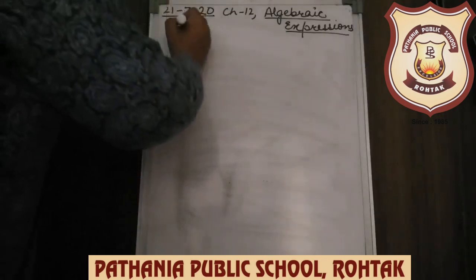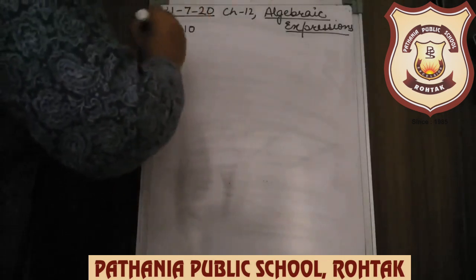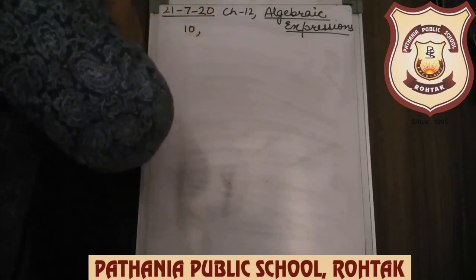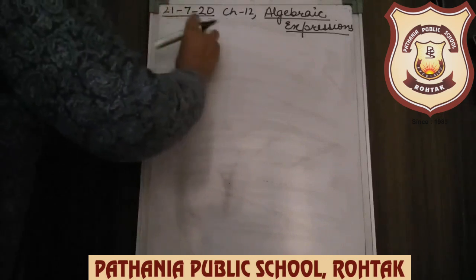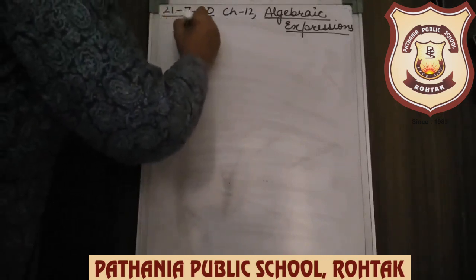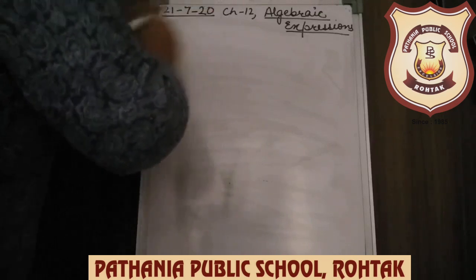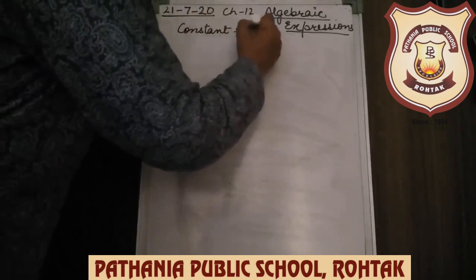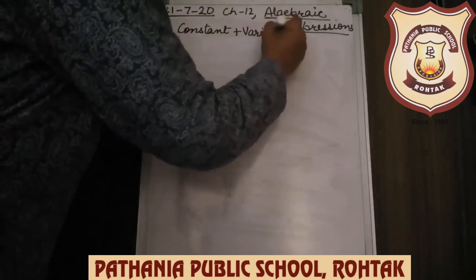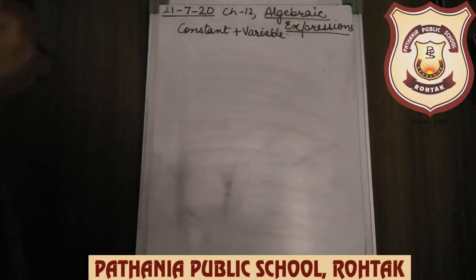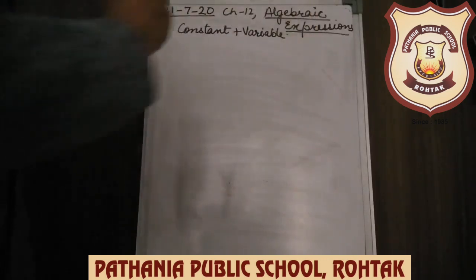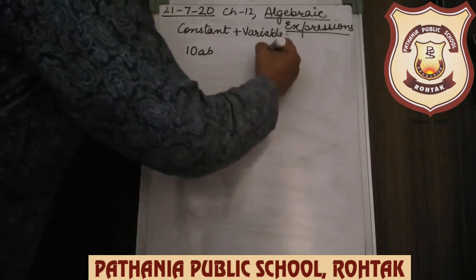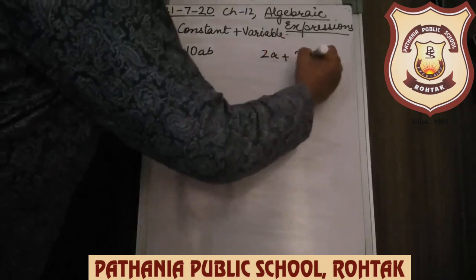In an algebraic expression, suppose I take 10 as the constant, there is a constant plus the variable part, which form an algebraic expression. Now here, I write 10ab, and I write 2a plus 3y.